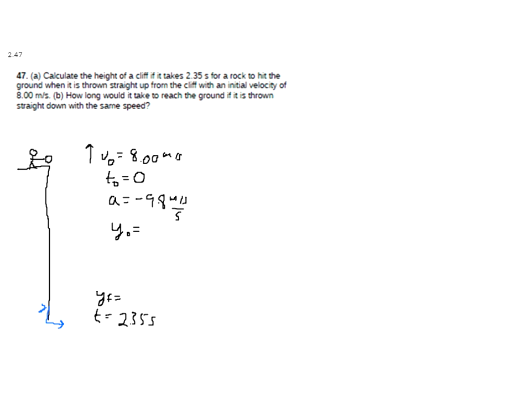I would prefer to say that the y final here, when it hits the ground, is equal to 0, and y initial is what we don't know.